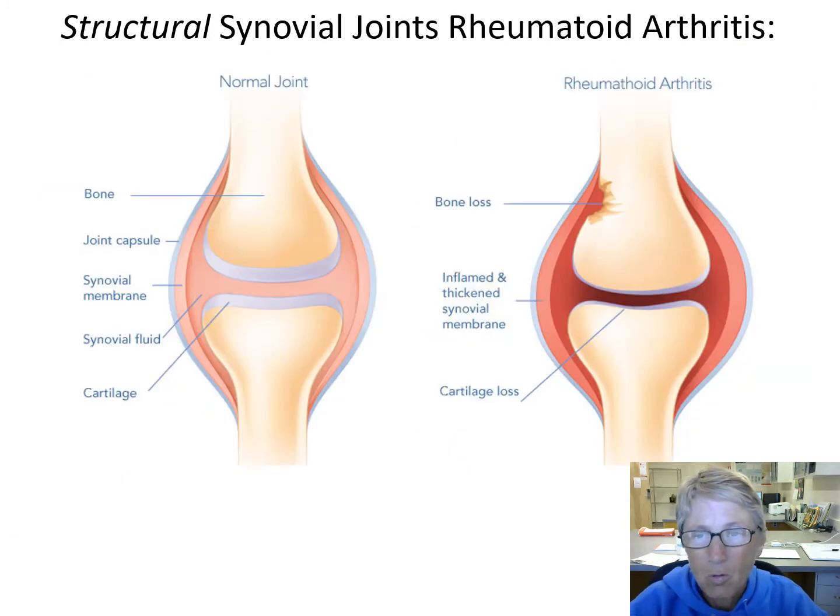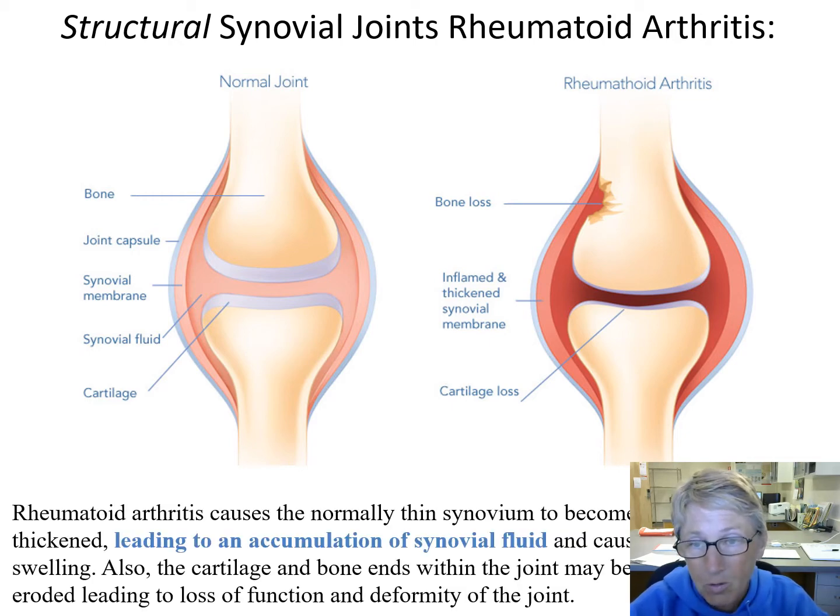This is a synovial joint in rheumatoid arthritis. Here's the normal joint on the left. Here's the joint capsule. You can see the synovial membrane is here, and the synovial fluid is in the synovial cavity. In rheumatoid arthritis, this synovial membrane gets thick and inflamed, and it secretes extra synovial fluid that's characteristic of rheumatoid arthritis.